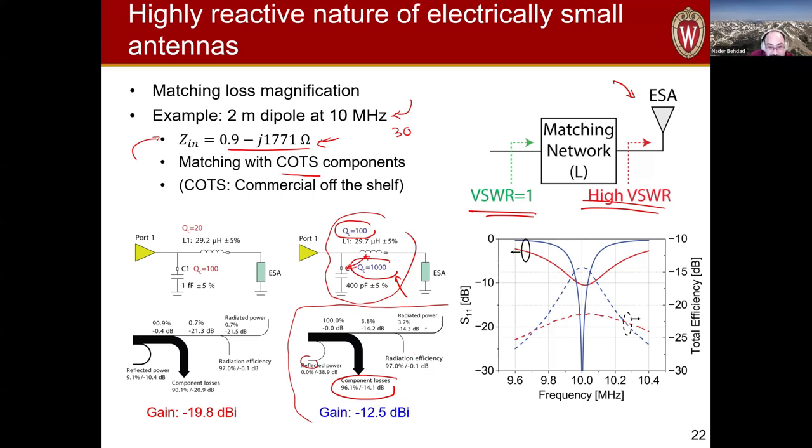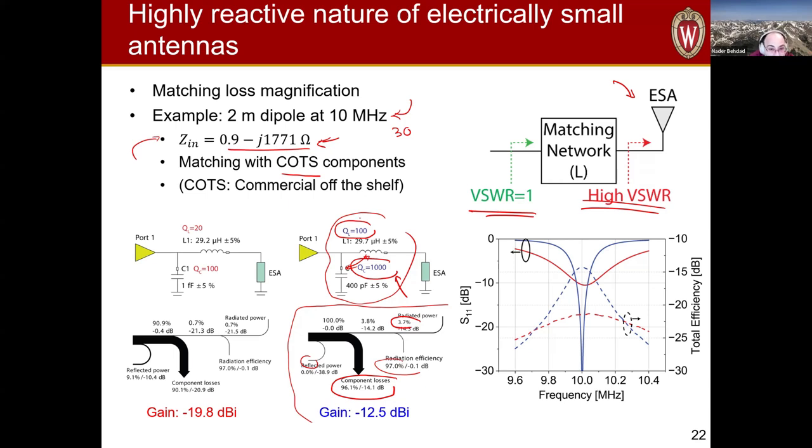And let's say in this case my radiation efficiency of the antenna itself is 97%, so very close to a really ideal antenna. Then I only radiate 3%, almost 4%, of the power that I'm putting into this network. So most of my power gets lost in my impedance matching network.